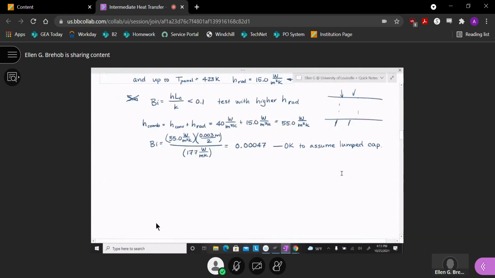Okay, so I want to write down an energy balance for this system. And we don't have heat leaving the surfaces because both radiation and convection are into the surface.